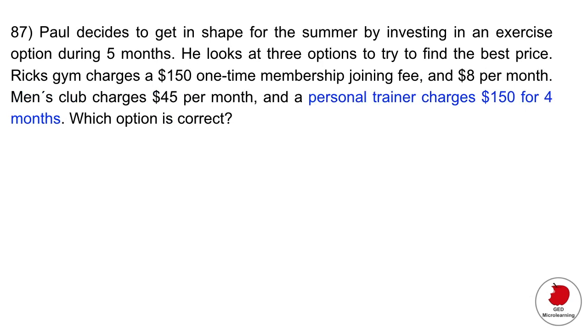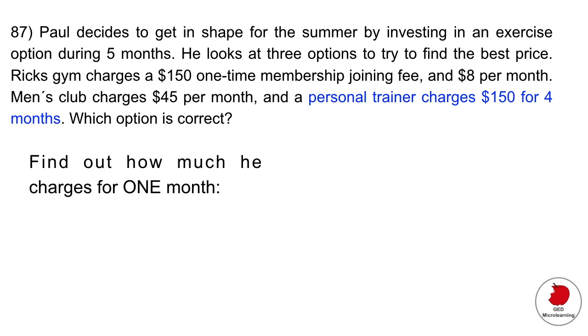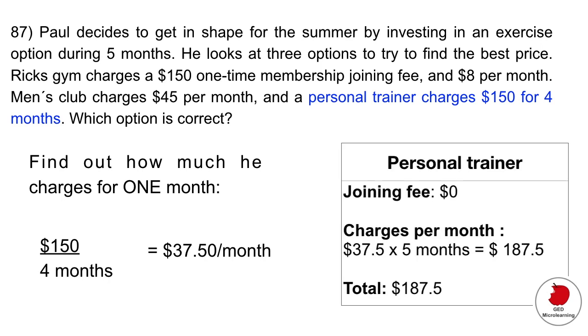And then finally, the personal trainer. In the question, they tell us that they charge $150 for 4 months. So what you have to do first is find out how much he charges for 1 month. You would do that by dividing 150 by 4. That gives you $37.50. And then you would repeat what we did before.